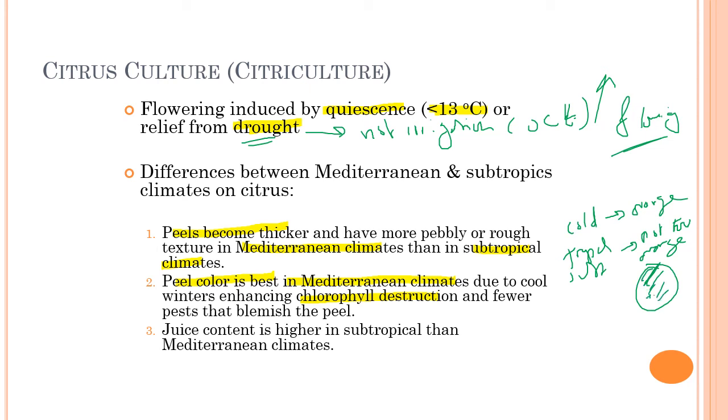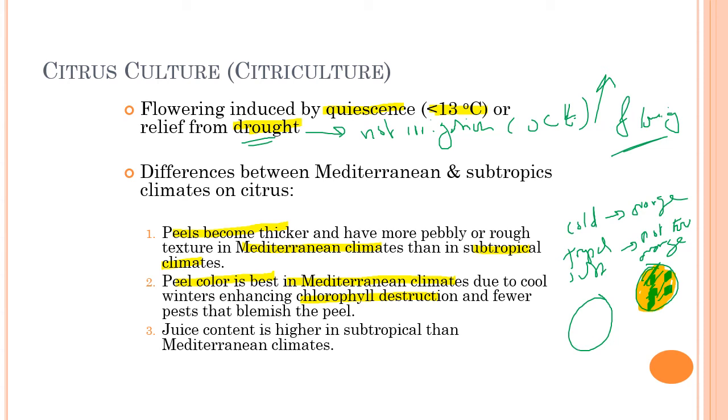Most of it is patches, not totally orange, like an orange like this, and then there will be some that has green like that. But in a Mediterranean climate, because the weather is really cold, you find the orange totally orange from the inside. So the fruit is totally orange.